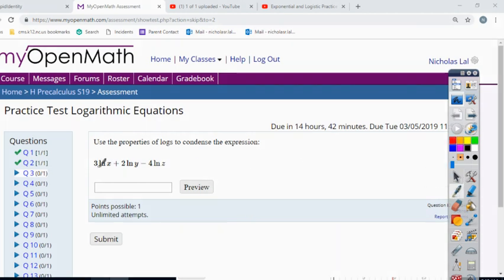So we condense a logarithm. 3 times the natural log of x, using the power rule, will condense into the natural log of x cubed. 2 times the natural log of y is equal to the natural log of y squared. Minus 4 times the natural log of z is the natural log of z to the 4th power.